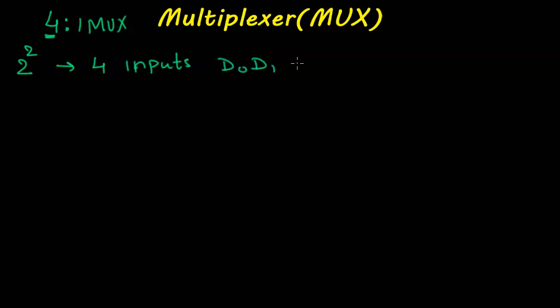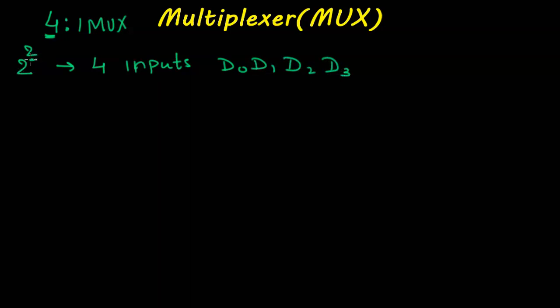Now let us take another example, a more complicated one, which is called a 4:1 MUX. Now what does 4:1 MUX mean? That means we have 4 inputs. Let's call them D0, D1, D2 and D3.